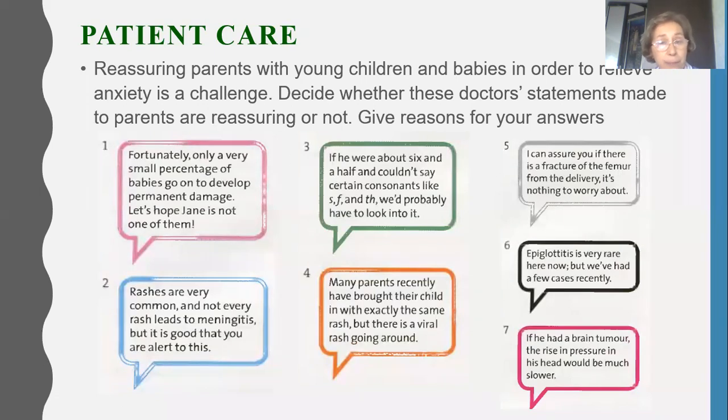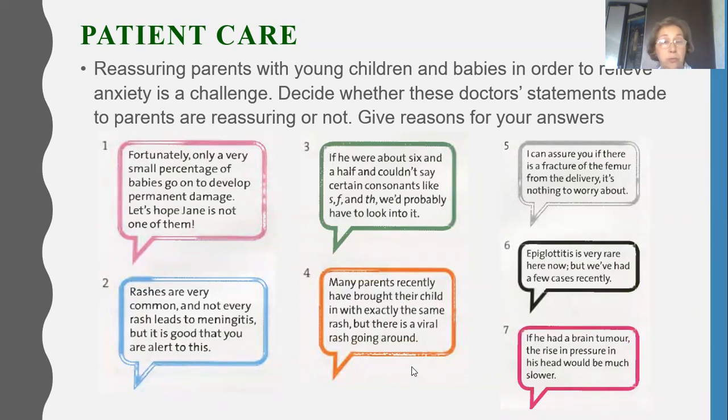Okay, Mohamed Nabil, number 4, please. Many parents recently have brought their child with exactly the same rash, but there is a viral rash going around. It's reassuring. Okay, for me, it's not very reassuring because it's like a viral rash going around.